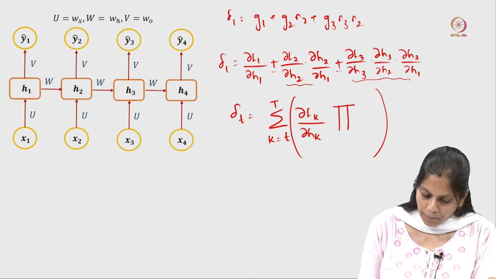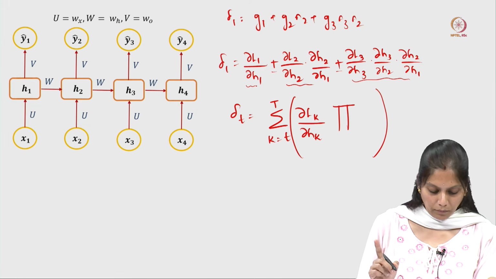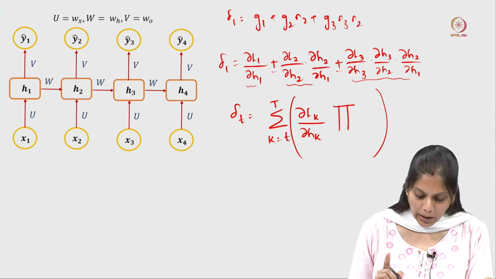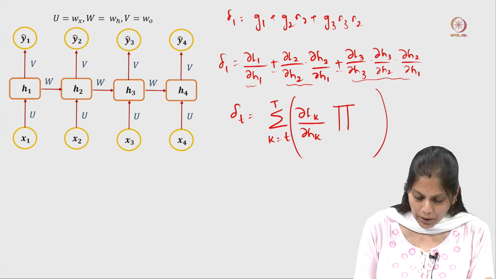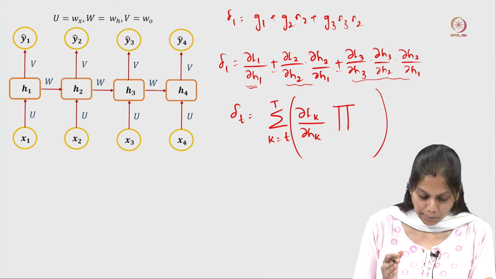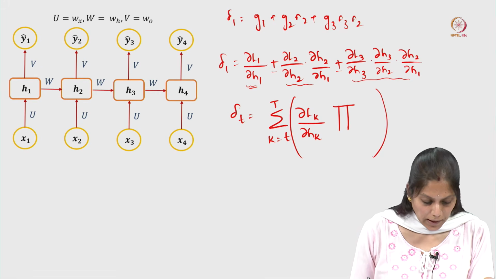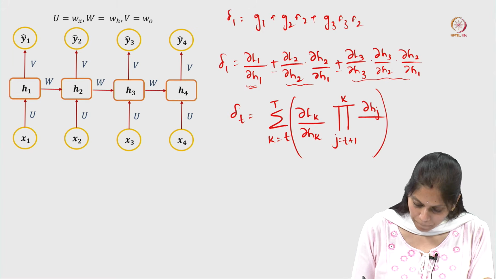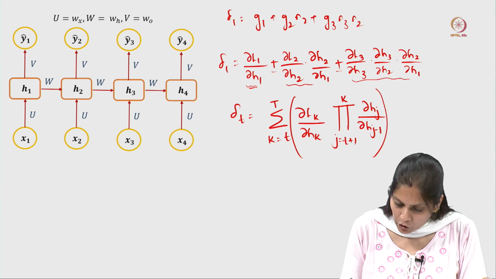For the first time, this is the first value, right, when k is equal to t, contribution from the current loss, from that current time step. Product, can we write in this way, j equal to t plus 1 to k and derivative of h j and h j minus 1, because all are in terms of derivative of loss with h, right.